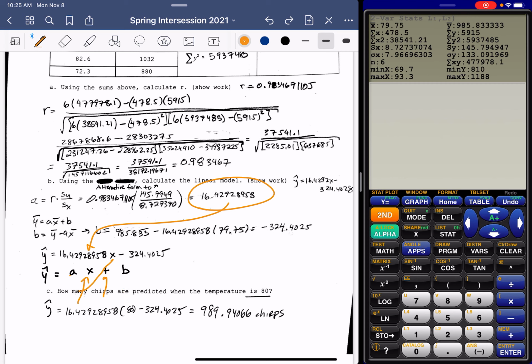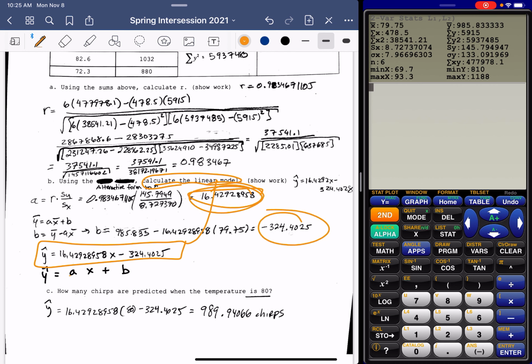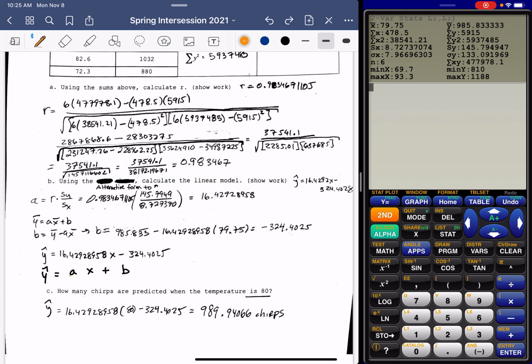The question says, calculate the linear model. You need to put it in this form. You don't put it in this form if you just leave these numbers. If this is 10 points, you'll probably get a 7 out of 10 because you forgot to put it in the form, which is very important.